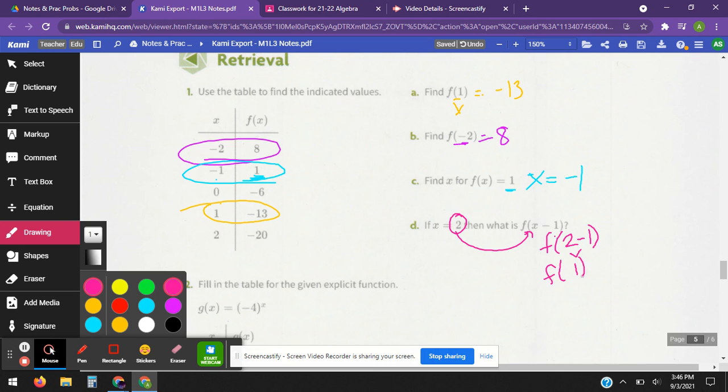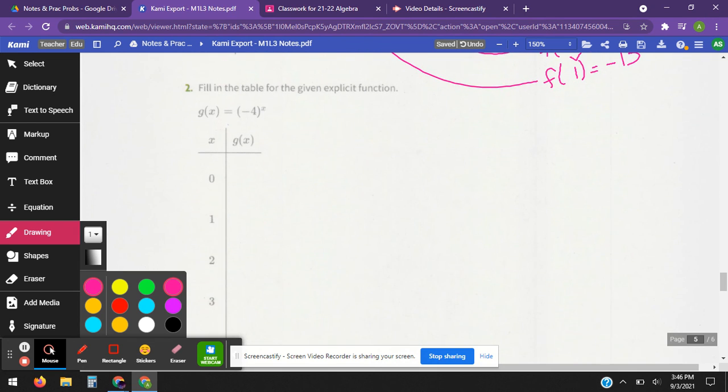So I really want f of 1. Well, that's the same thing we had right up here. So it's going to equal negative 13. So that means, if x is 2, then I need to take my previous one plus 7, or minus 7, I guess it looks like on here.